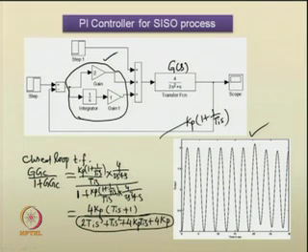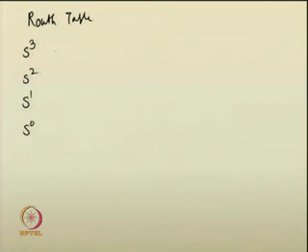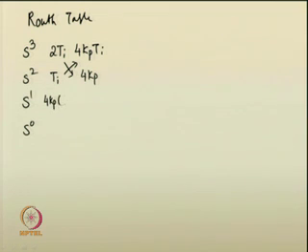If we form the Routh table, it takes the form of s cubed, s square, s1, s0, with the coefficients of the s cubed row being 2 TI and 4 Kp TI. From cross multiplication and manipulation, we get the coefficient of the s1 row as 4 Kp times TI minus 2, 0, and then 4 Kp in the last row.